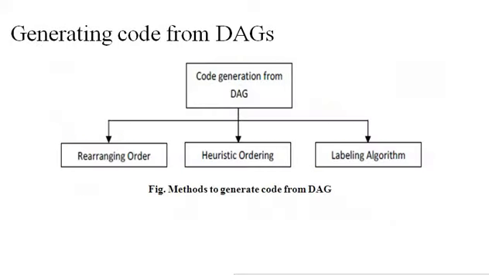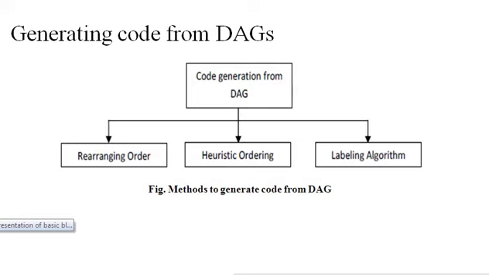Next is generating code from DAG. There are 3 different methods for generating code from a directed acyclic graph. First one is rearranging order, second one is heuristic ordering, and third one is labeling algorithm.